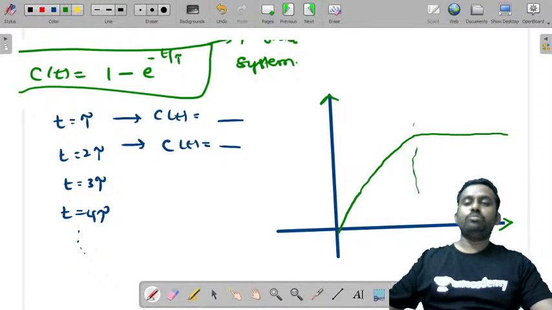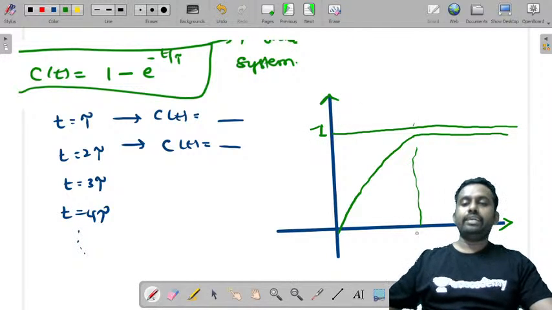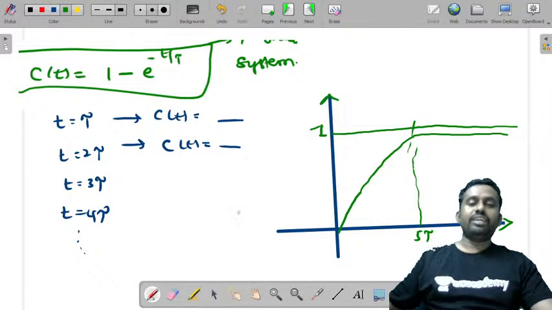At these 5 time constants, you'll get the value as 0.99. After 5 time constants, you can observe the value of c of t at this. Now let us take first one, t is equal to 0.